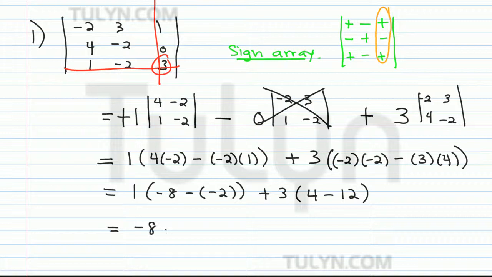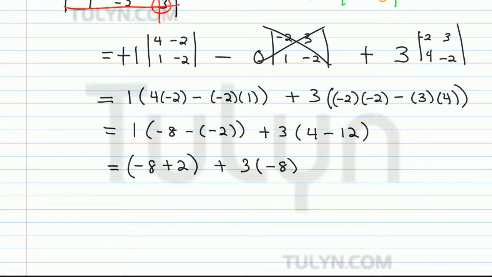So we get minus 8 minus negative 2, which is plus 2, plus 3 times 4 minus 12, which is negative 8. Simplifying one more time, negative 8 plus 2 is negative 6, plus 3 times negative 8, which is minus 24. Finally, negative 6 plus negative 24 gives us negative 30.